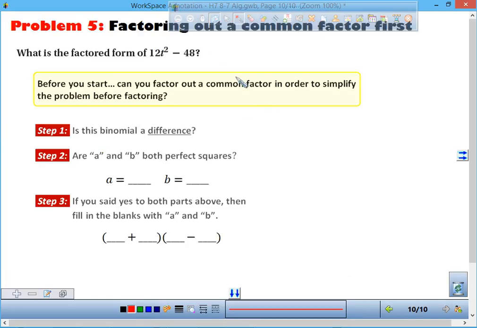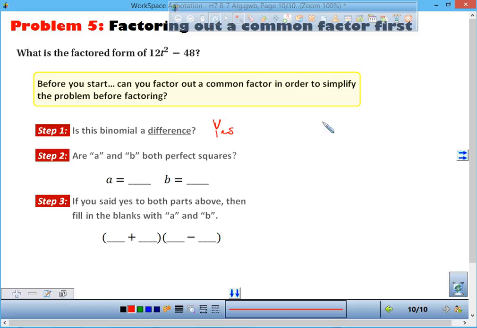Then the last one, before I started any of these, what I first should have checked for is if I can take a GCF out of the whole thing. Okay, so here, is it a difference? Yes, it is. But before we answer step 2, we need to see if there's a GCF between both of those.